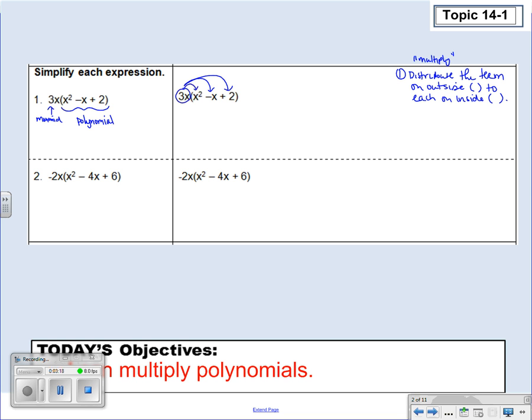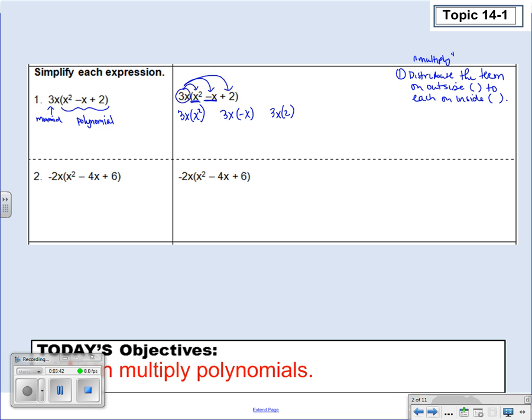So one way that I can show this is I'm taking that 3x and I'm going to multiply it times each term on the inside. So we'll do 3x times x squared. Then we'll do a 3x times, and then this term is a negative x. And then last we have 3x times a positive 2.